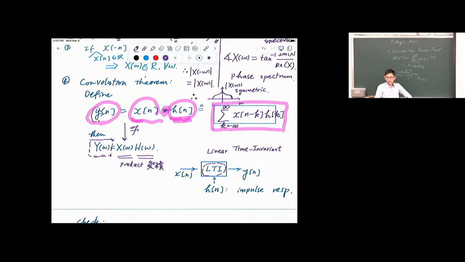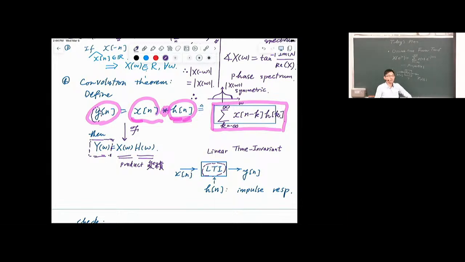DSP is all about designing linear and time invariant systems, almost 90%. And it turns out that for any such system, all you need to know about it is its impulse response.